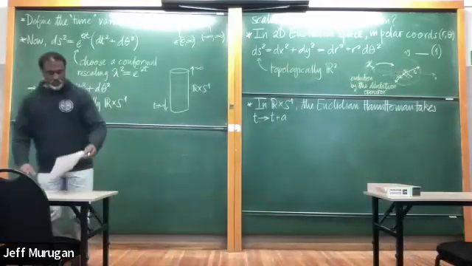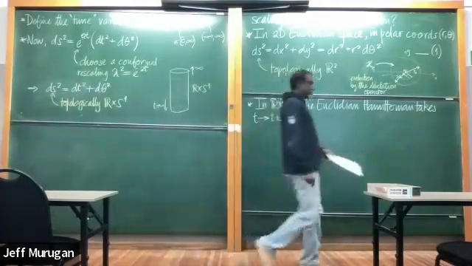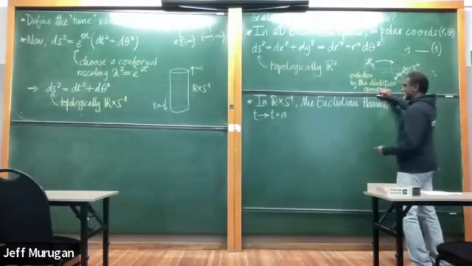That's what accomplishes time translation of the cylinder. The question is, how does it look in radial coordinates? What is it in radial coordinates?